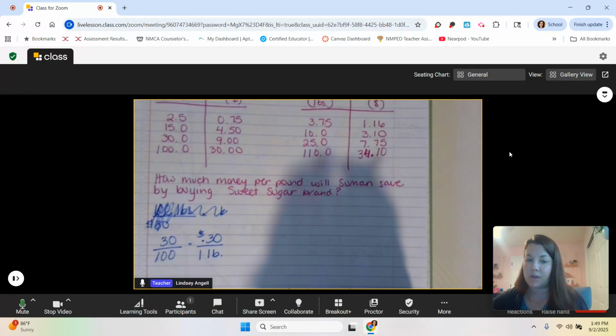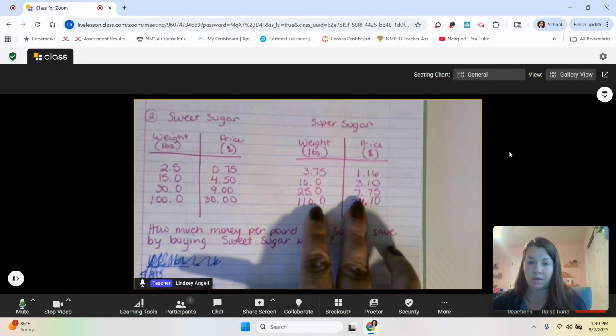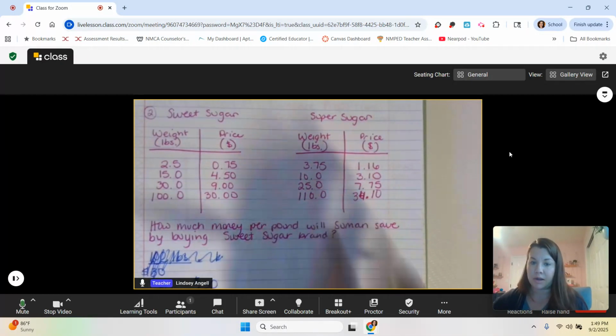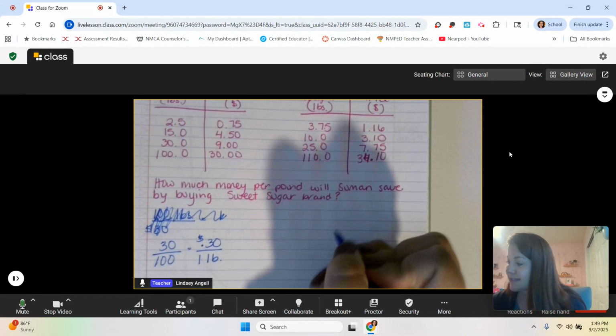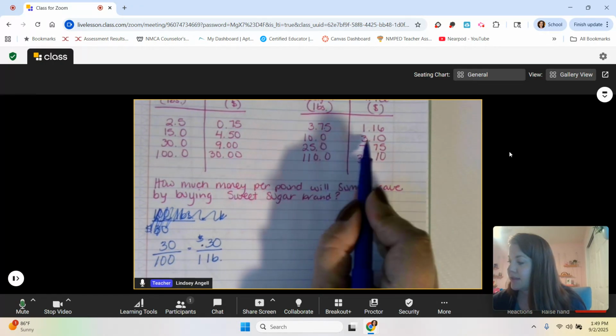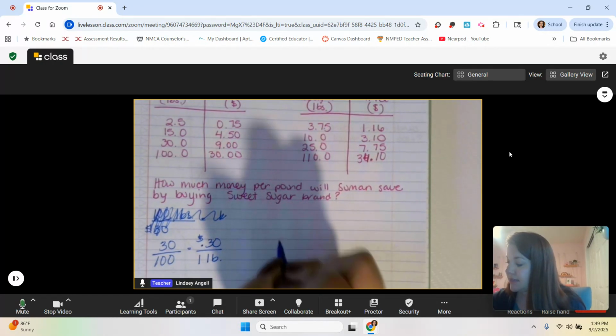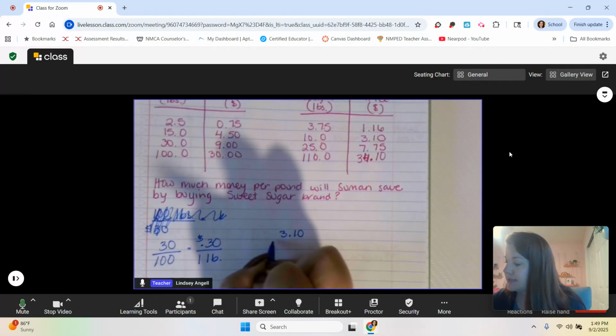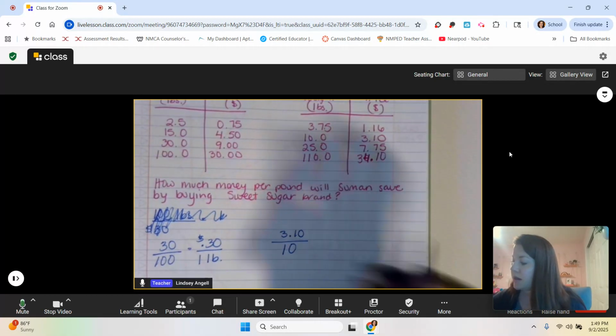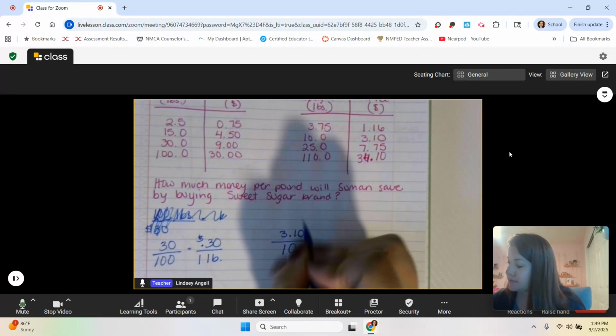I want to figure out how much am I paying per pound over here. And you could choose any one of them because they are proportional. So I like these ones with the tens just because I think they're easier to deal with. But I'm going to take the price, which would be $3.10, and that's for 10 pounds.